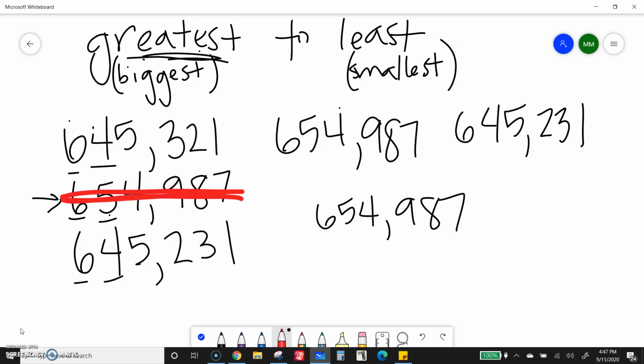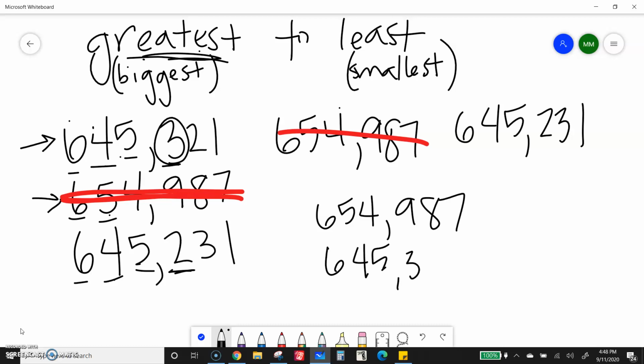I'm going to go ahead and cross that one out so I don't get confused by it. Then I have 5 and 5, which is a tie. 3 and 2. Oh, 3 is bigger than 2, so I know that this one must be my next biggest. So I have 645,321, leaving me with my last one, 645,231, as the least or the smallest.